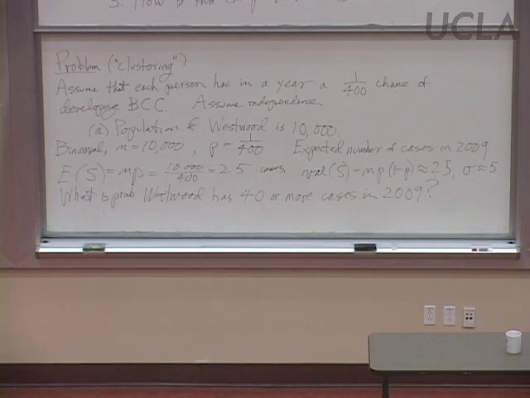Well, without doing much calculating at all, your reaction should be that probability is going to be really small. Because the mean is 25, standard deviation about 5. 40 is 3 standard deviations above the mean. And we know that that's pretty unlikely.